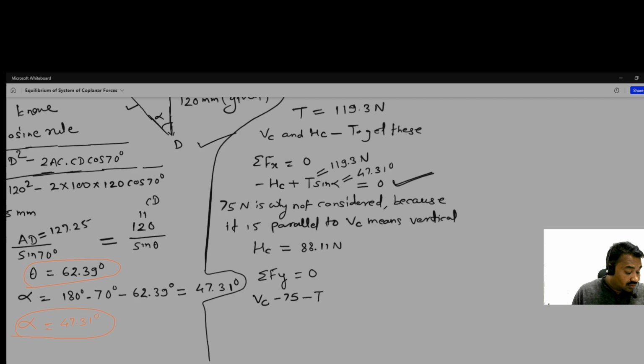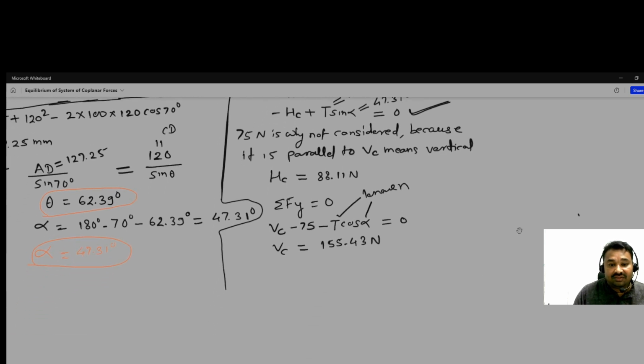So with respect to horizontal, that will be cos alpha, equal to 0, and T is known, alpha is also known. Okay, so from here we can get VC as 155.43 Newton.